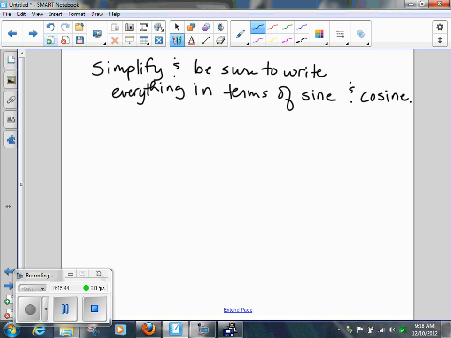So here is an expression. You ready? Cotangent theta, sine theta, secant theta.